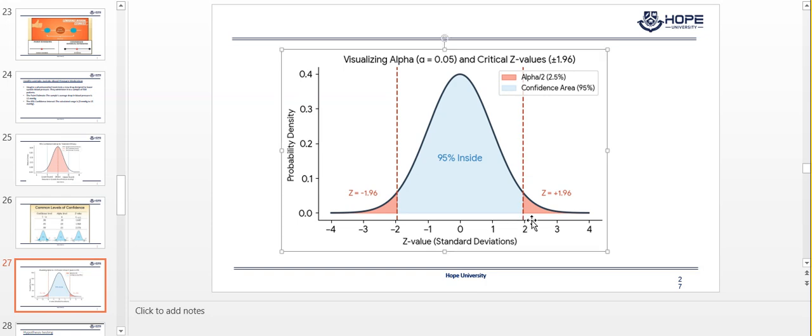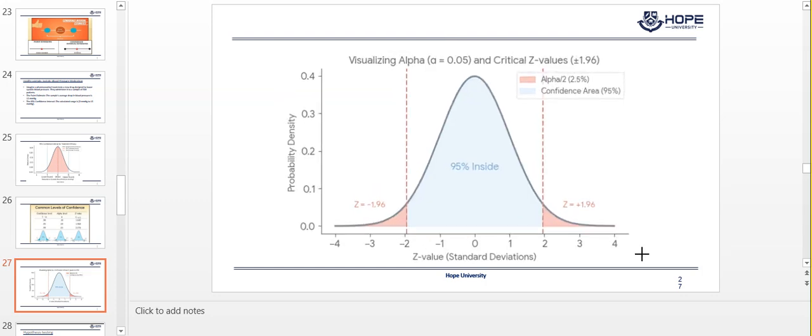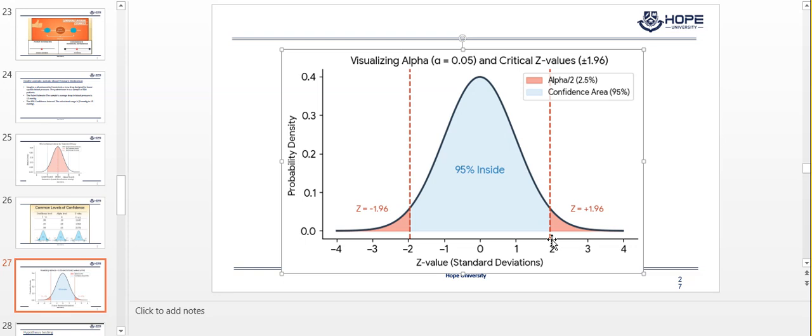It's 1.96, which means only 0.04 away from 2.